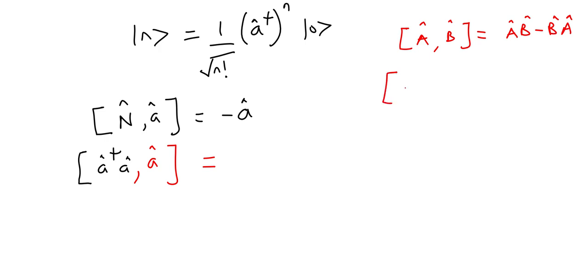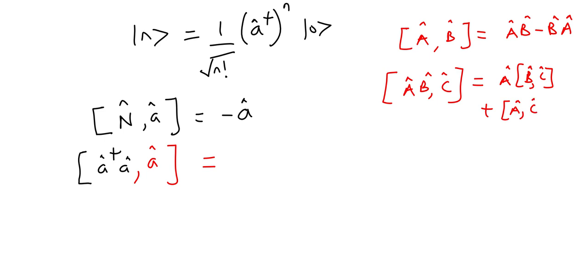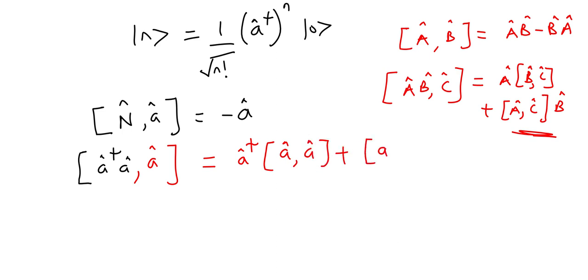If you have A, B comma C, the commutator will be A outside, then B comma C, plus A comma C, then B. So we apply this here: the commutator of a dagger a with a will be a dagger outside, then the commutator a comma a, plus the commutator a dagger comma a, then a outside. So just use this formula.